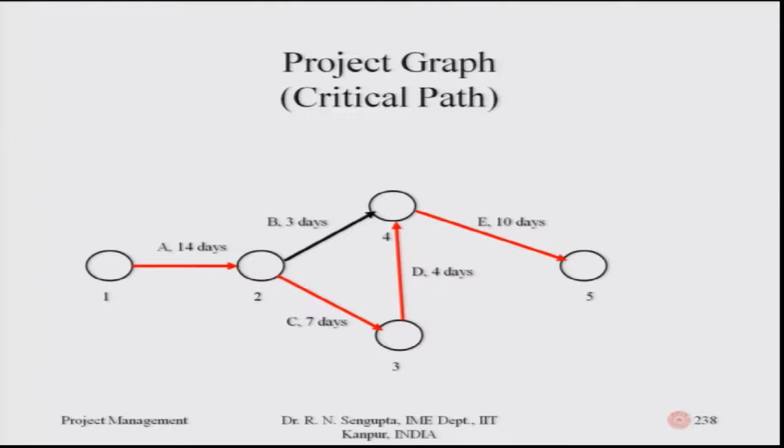Now if I start B, B would finish in 3 days. So 7 plus 4 is 11, 11 minus 3 is 8 days of total leeway, where I can adjust B such that there would not be any delay when C and D finish, and B also finishes at that same point of time, because until B, C, D finish, you cannot start E. So the whole critical path is the red one as shown in this diagram.